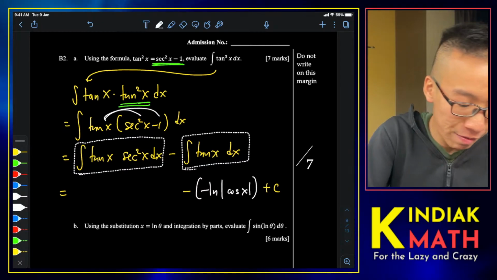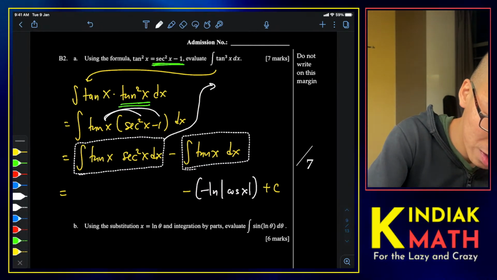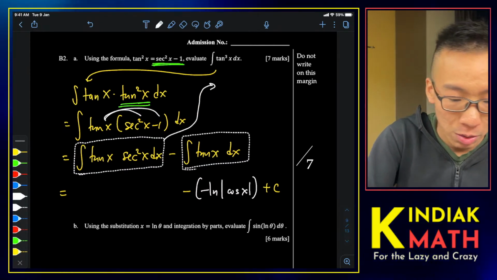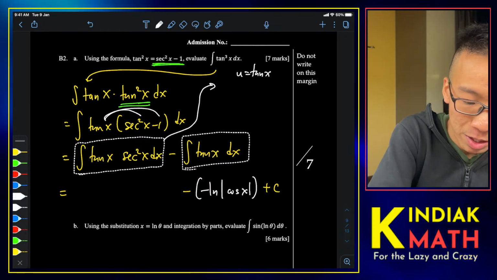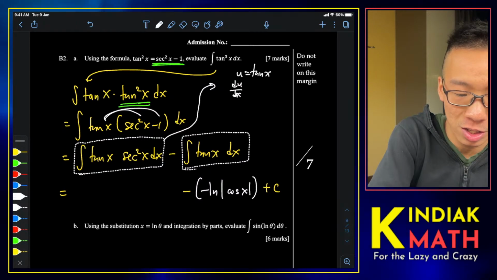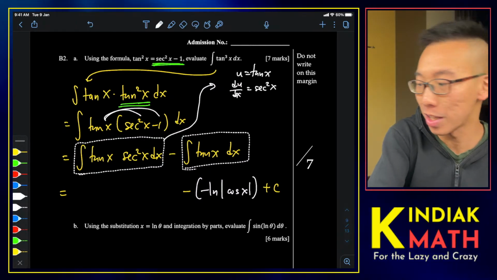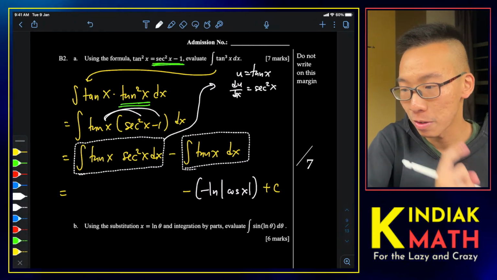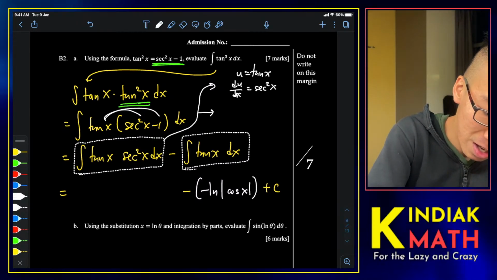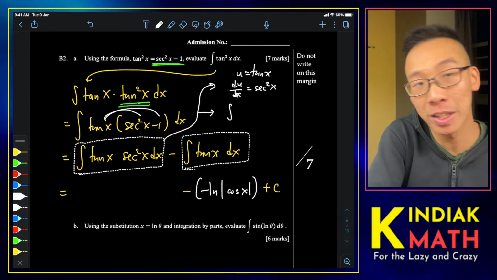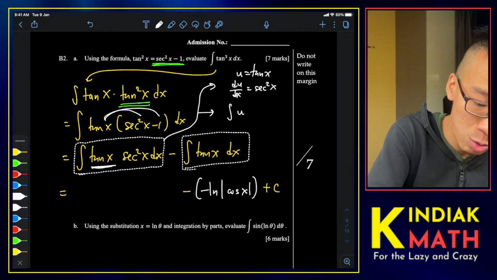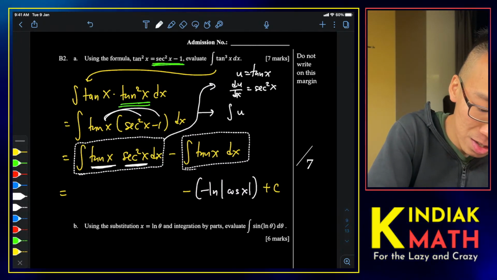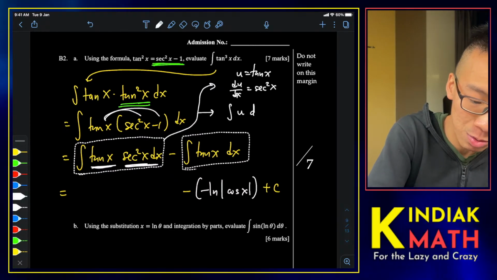Now, how do we actually evaluate this guy? I'm going to just do it on the side over here. I'm going to use the substitution u equals tangent of x, because if we differentiate, you actually get secant squared x. Right? And what that means is that if you make the replacements, the tangent x here becomes a u, and the secant squared x dx becomes a du.